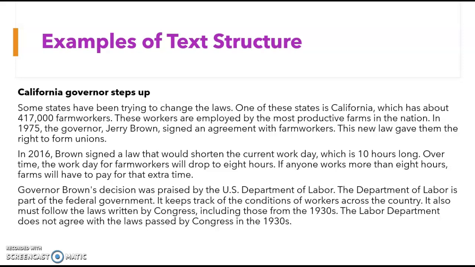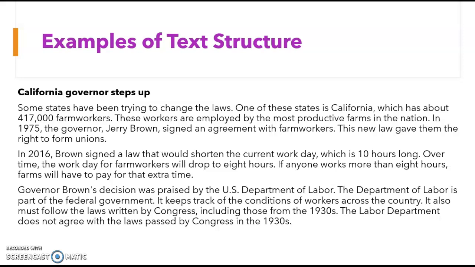In 2016, Brown signed a law that would shorten the current workday, which is 10 hours long. Over time, the workday for farm workers will drop to 8 hours. If anyone works more than 8 hours, farms will have to pay for that extra time. Okay, that's interesting to me because based on what I just read here, I'm going to make a quick inference.